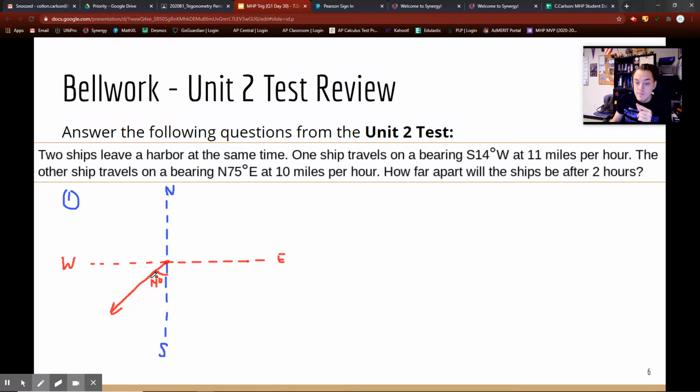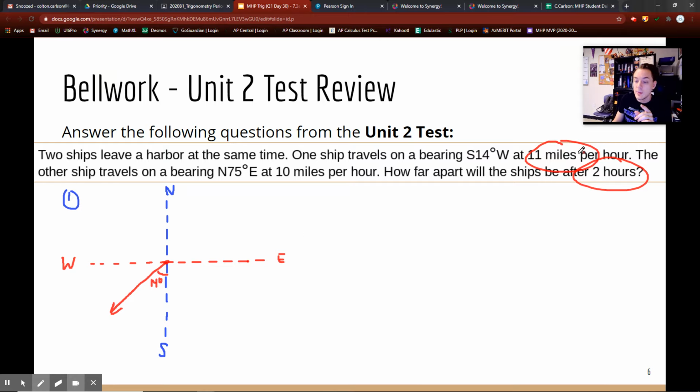Now, this right here, let me say, is 11 miles per hour. So the ship is going 11 miles per hour. Now, what does that mean? Well, we can't put 11 miles per hour on a side length. So we have to read the problem very carefully, and we notice that these are correlated. After 2 hours, how far will the ships be apart?